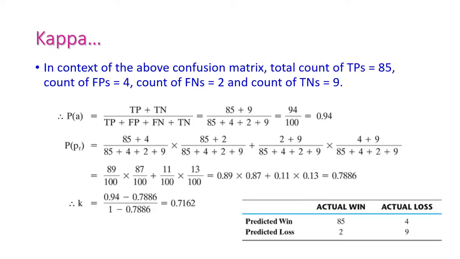P of A value is 94, and P of PR value is 0.7886. Then K is P of A minus P of PR divided by 1 minus P of PR, which is equal to 0.7162. So this is the kappa K value.